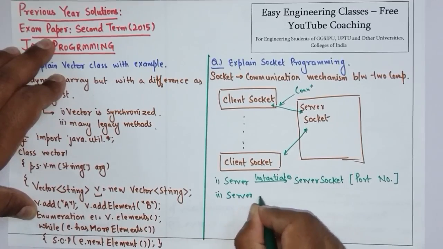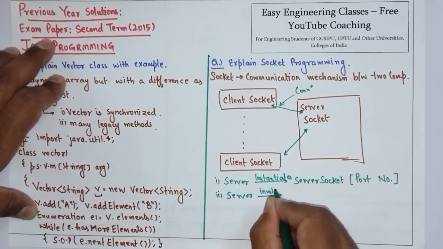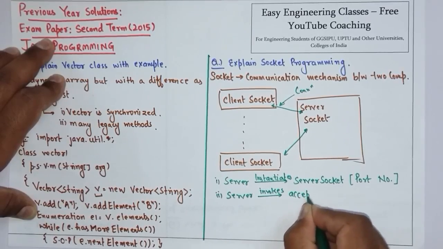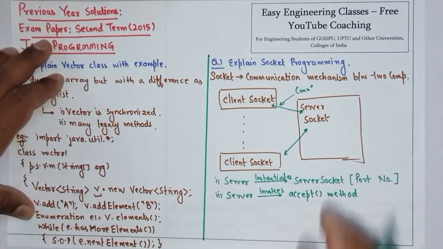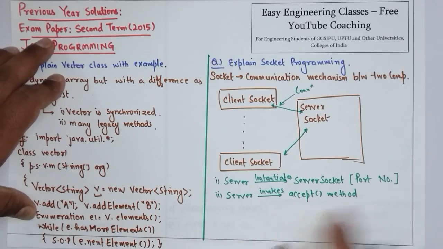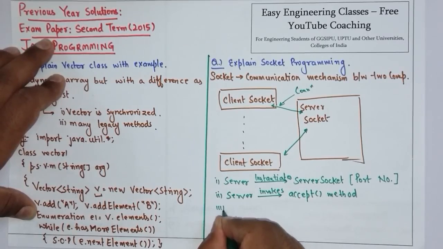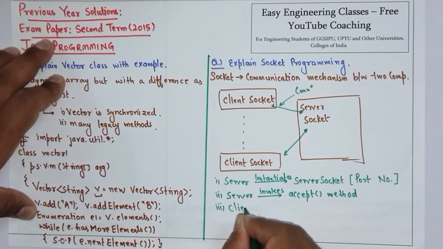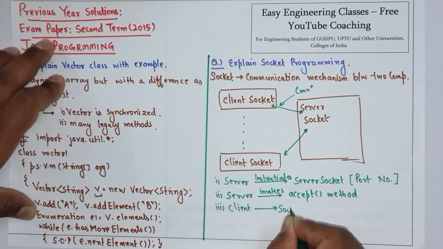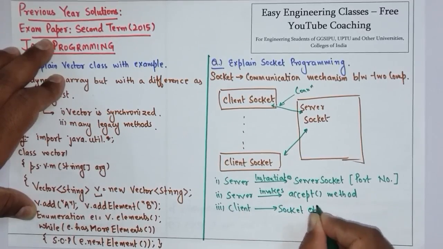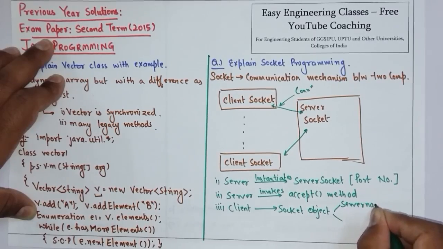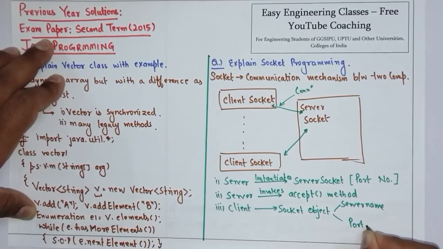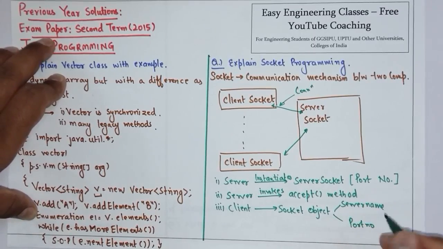Then server invokes accept method. This method waits for the client to establish the connection. So the final step is client creates socket object with two different things. One is server name and another is port number. सर्वर का नेम जहाँ पे सर्वर आपका होस्टेड है और पोर्ट नंबर सेम होगा जहाँ पे सर्वर आपका रनिंग है.